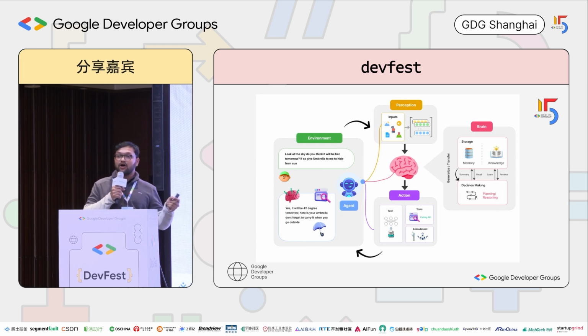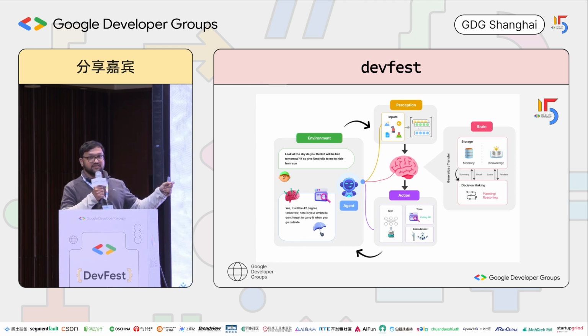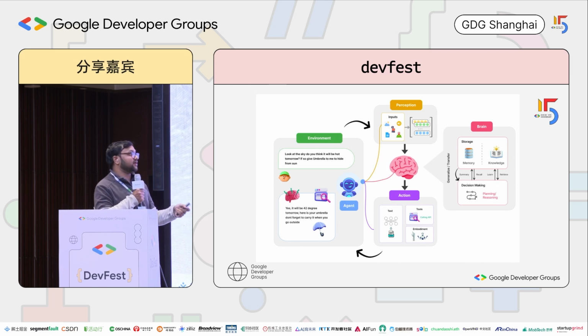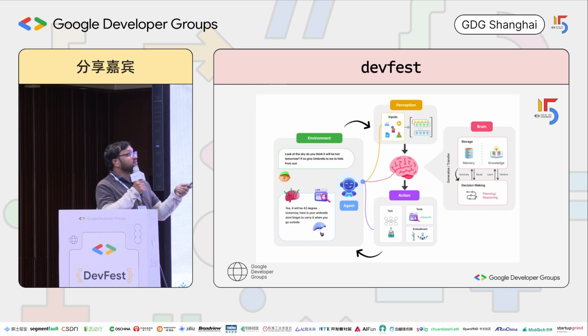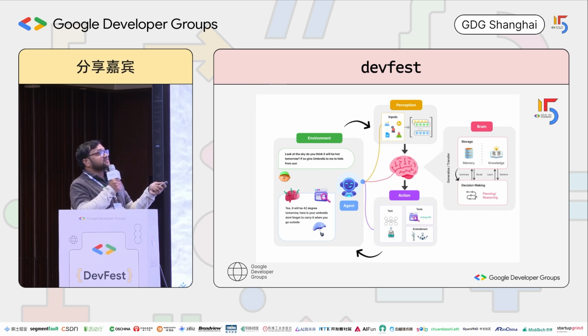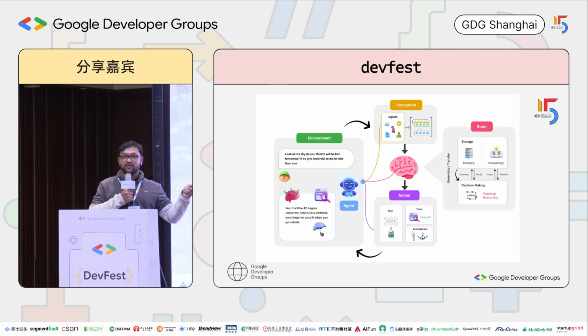We need to understand how the weather is looking, and then based on that, answer the user on whether they need an umbrella or not. So we need some details like the perception. What exactly is the context? When I ask, look at the sky, the context is probably that I'm in Shanghai. I need to know the weather specifically in Shanghai.